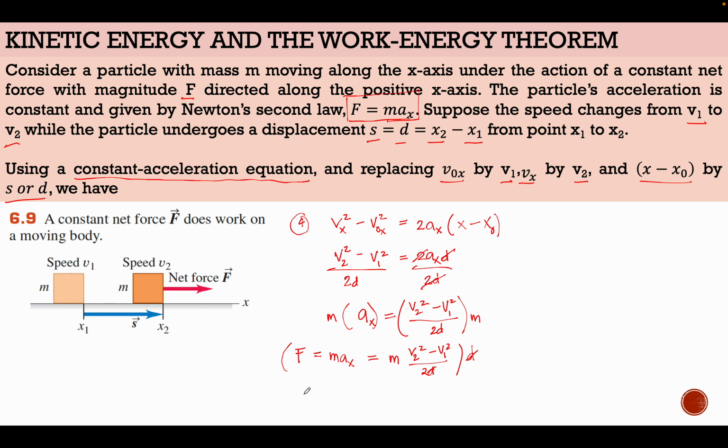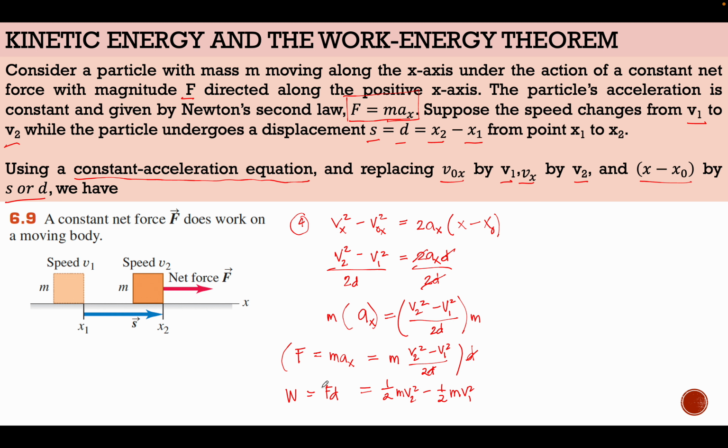So we have f times d is equal to 1/2 m times v2 squared minus 1/2 m times v1 squared. Now, notice that force times distance is just the work done.